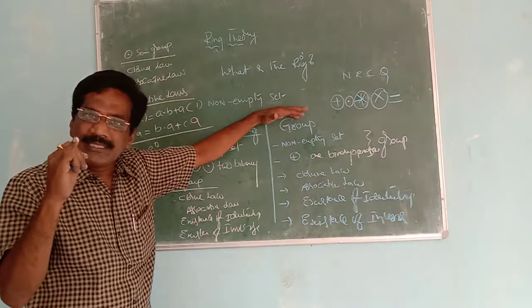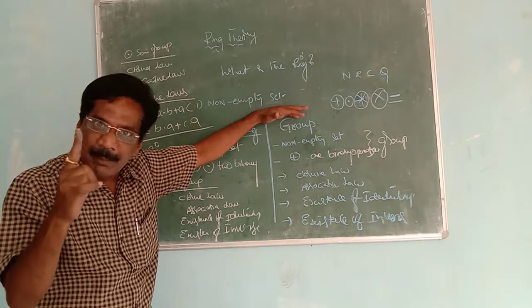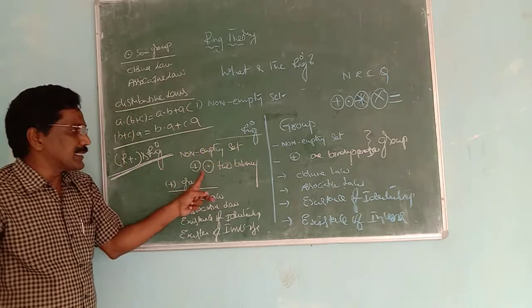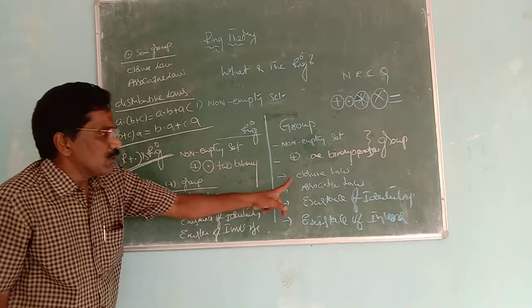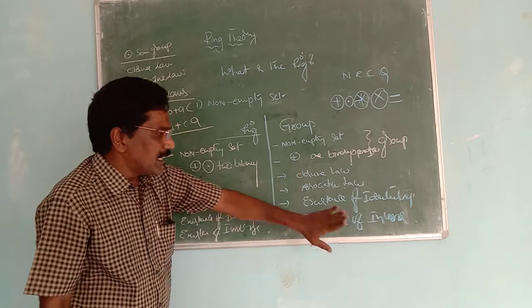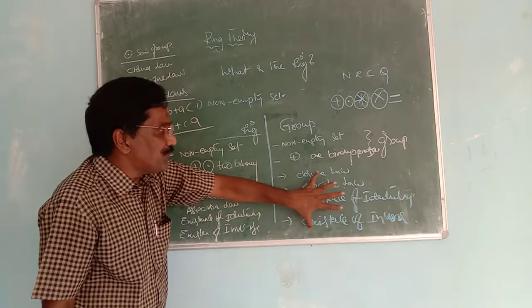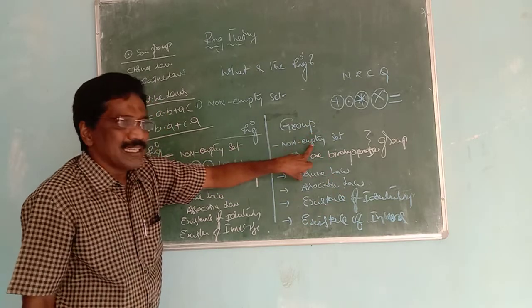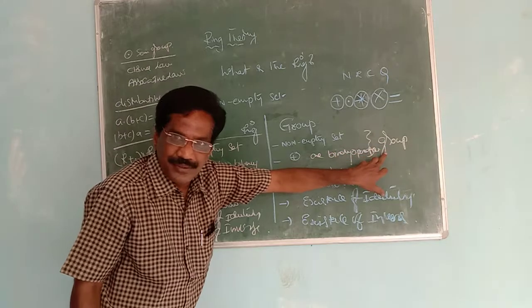In a group, only one binary operation is used, but in the ring two binary operations are used. If the four conditions, closure, associative, existence of identity and existence of inverse, are satisfied in the non-empty set, that is called a group.